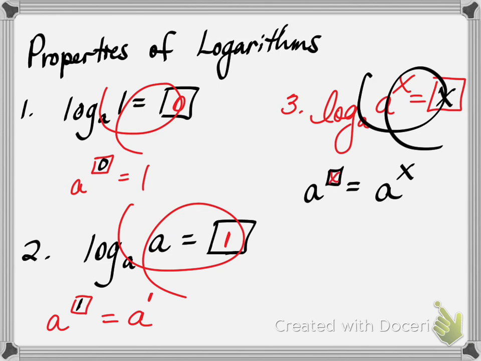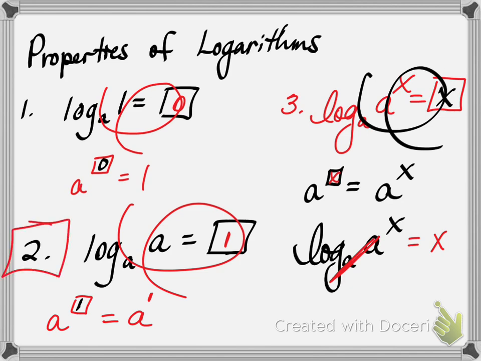And this is kind of an inverse property, because if I took the swoop away, let's look at it the way it was originally. It's kind of saying if the log base a of a, where a is a base, they kind of cancel each other, and that's just equal to that power. That actually worked in property 2 also. Log base a of a, they sort of canceled each other, and that a really had a 1 power.